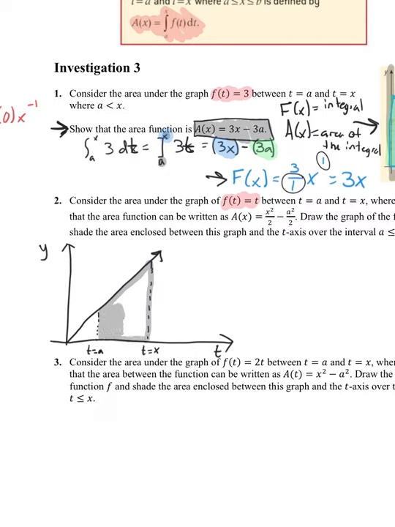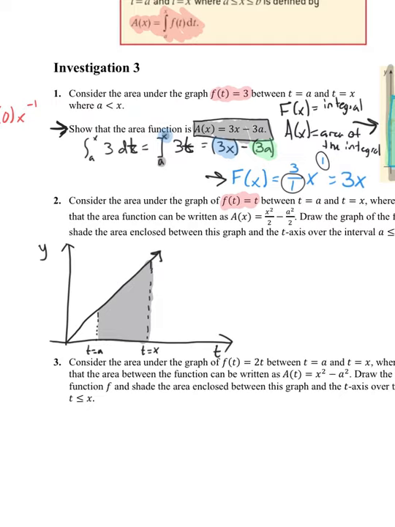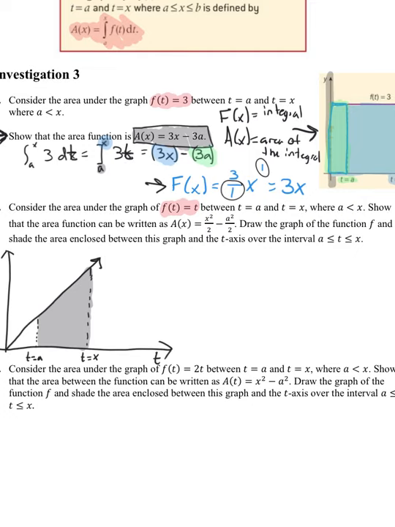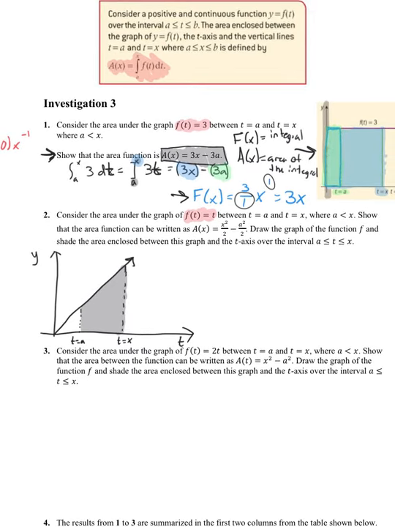Go ahead and sketch the function and then sketch a picture of it, of what area we're looking for here. And this is where a is less than x. We already did that. Now it's giving us another show that. Show that the area of this function is x squared over 2 minus a squared over 2.